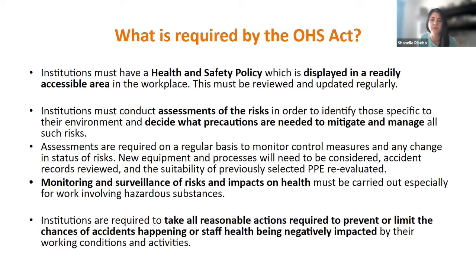Monitoring and surveillance of risks and impacts on health must be carried out, especially for work involving hazardous substances. And then the Act says institutions are required to take all reasonable actions required to prevent accidents and risks from happening. So reasonable actions give space for budget and capacity constraints, but this doesn't mean they should do nothing because of the constraints. The plan should work within the constraints.